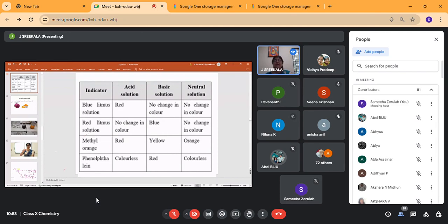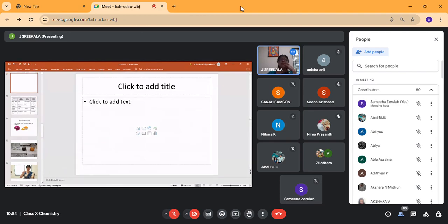Methyl orange with acid is red, and with base it is yellow. Phenolphthalein with acid is colorless, and with base it is pink. Actually, I said it wrongly. It is not red, it is pink. We have seen it. It is pink only.